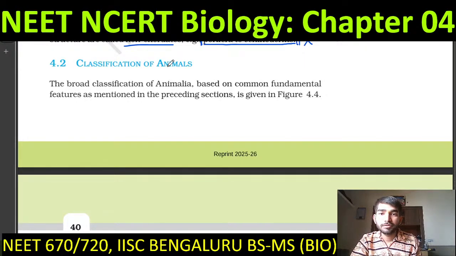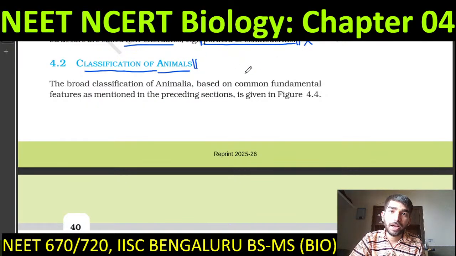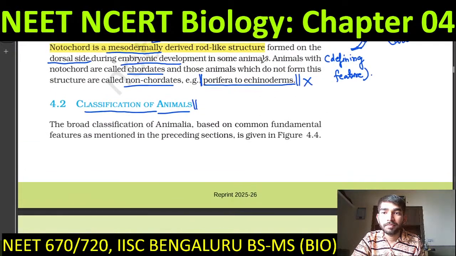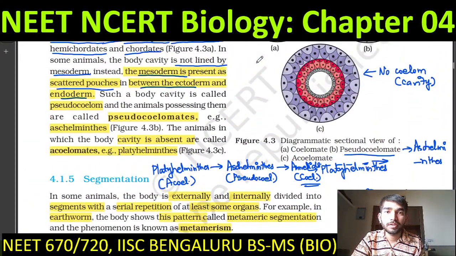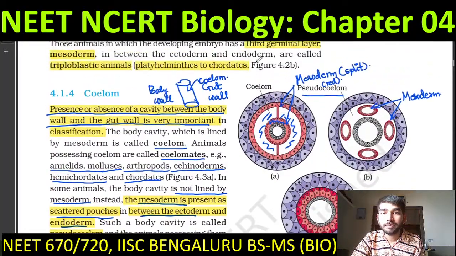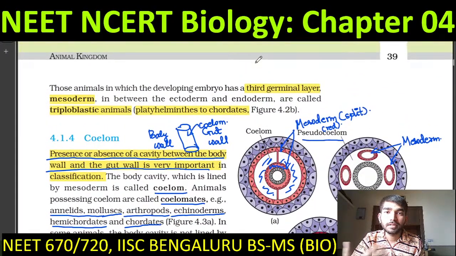Okay, so let's move to the next section, which is now coming to the classification of animals. Until now, we studied all the different parameters that we'll be using for classifying animals. And from now on, we'll be studying how the animals are classified using these parameters. Just to give you a brief summary again, we studied notochord, segmentation, which is also referred to as metamerism, then presence or absence of coelom, three different types of coelom: coelomate, acoelomate, pseudocoelomate.